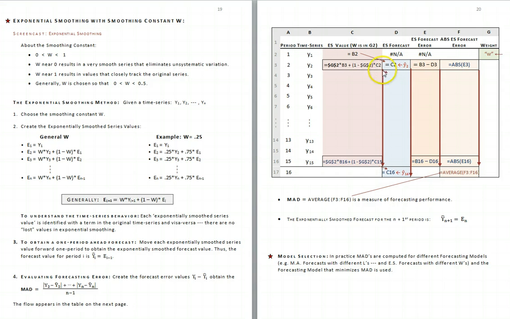This formula is then pulled down throughout column C. The exponentially smooth forecasts in column D are obtained by moving the exponentially smooth series values in column C ahead one period in time.